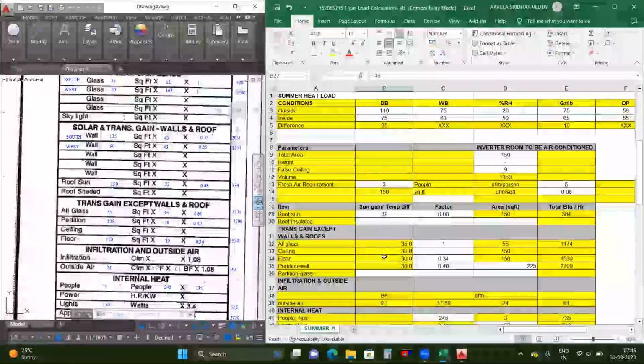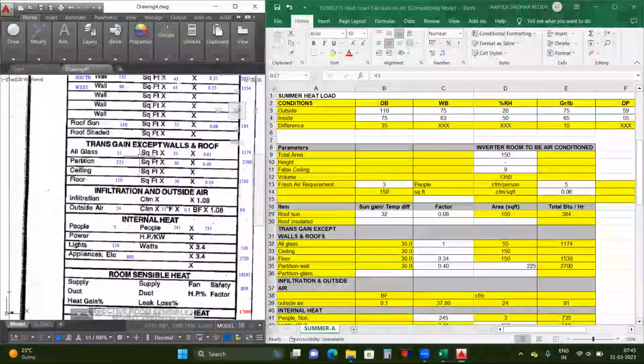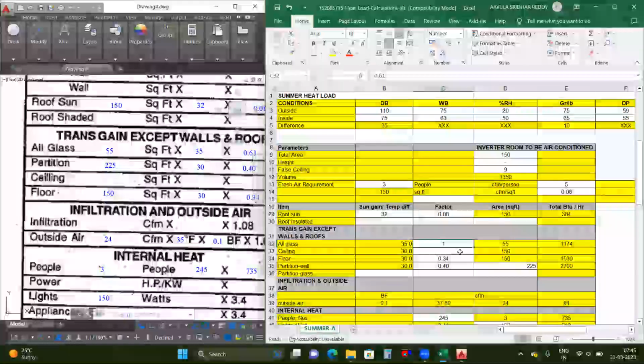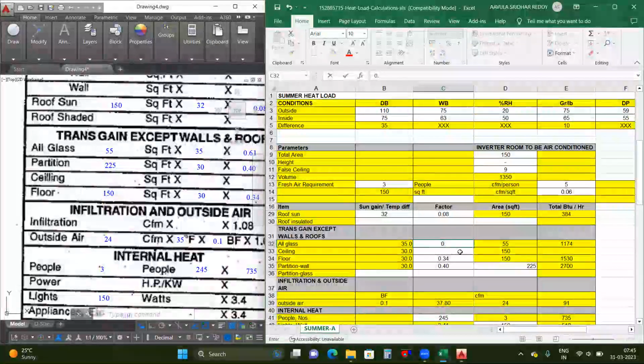Next is all glasses transmission. Only here we need to enter the U values, and the rest of the values will be taken automatically. The all glasses U value is 0.61 here. Ceiling, we have not taken anything.